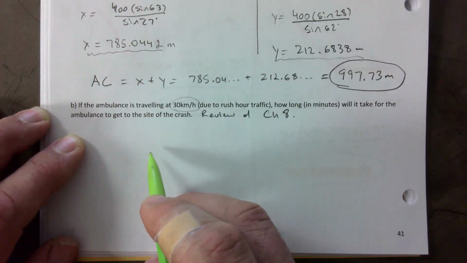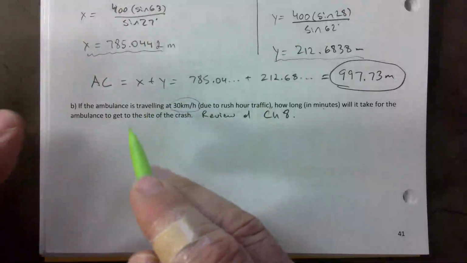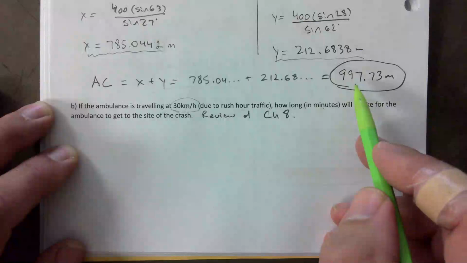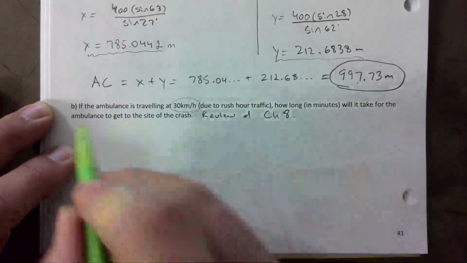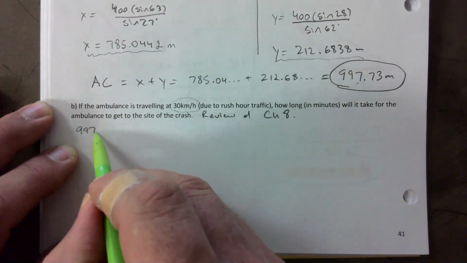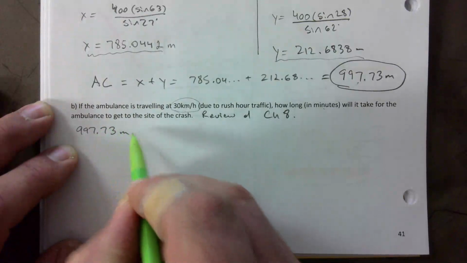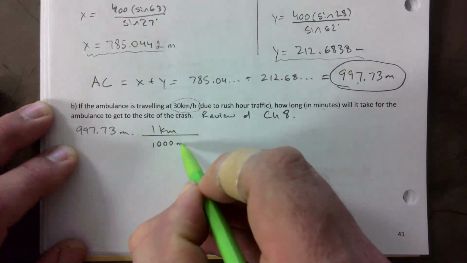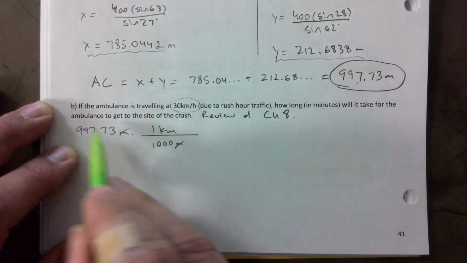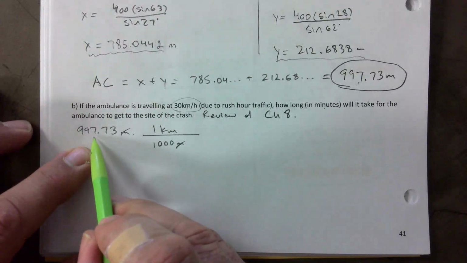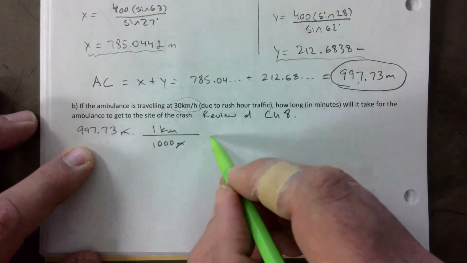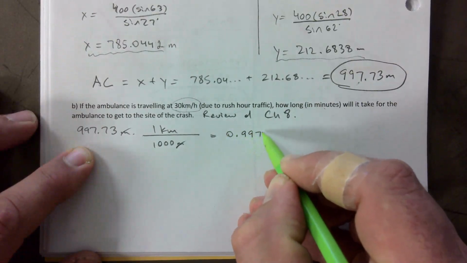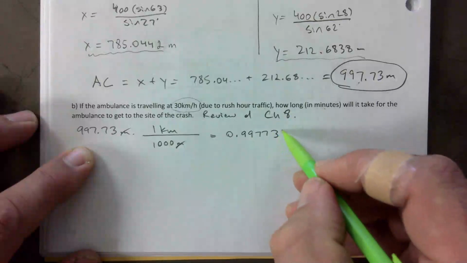Okay. A couple of things, what you could do is keep the speed as is, turn this into kilometers, okay? So 997.73 meters. I know that 1 kilometer has 1,000 meters, and some of you would just instinctively divide this by 1,000. So that's 0.99773 kilometers.